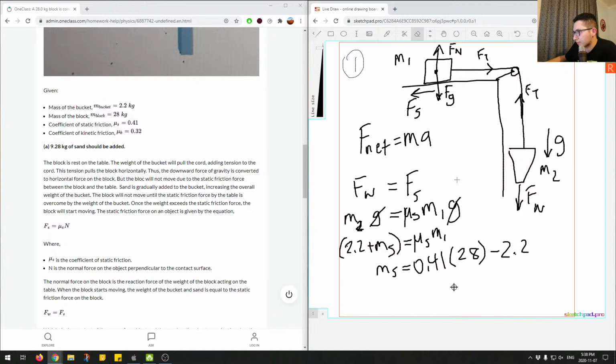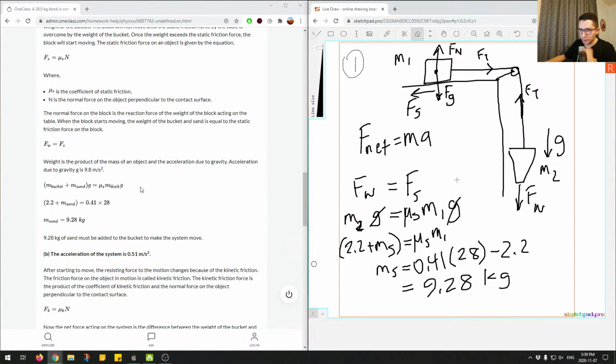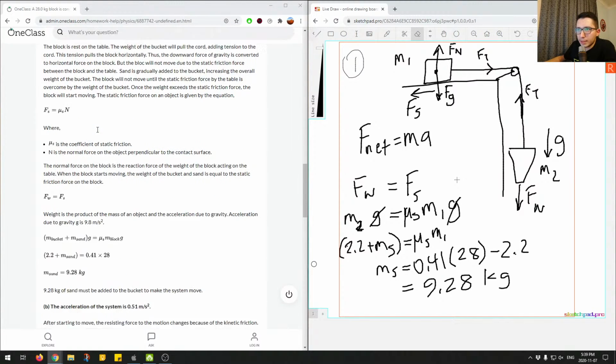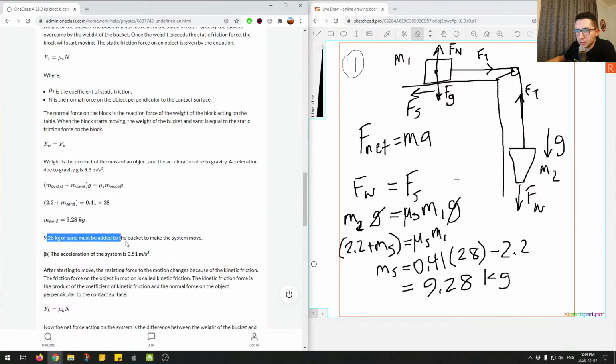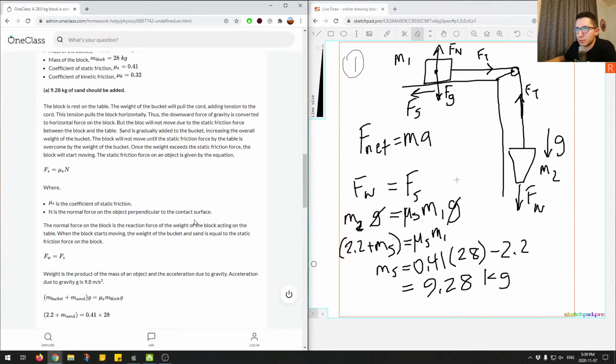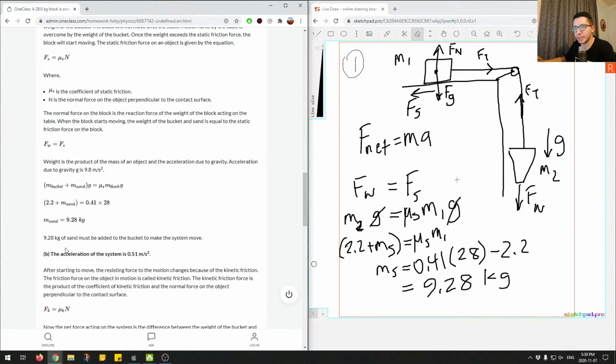We subtracted from both sides, and when we evaluate this, let's plug this into our calculator. 0.41 times 28 minus 2.2, we end up with 9.28 kilograms. So yep, we get the same answer. So we can say that this part of the solution is correct, and 9.28 kilograms of sand is added.